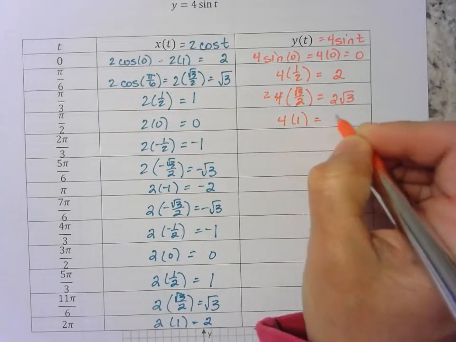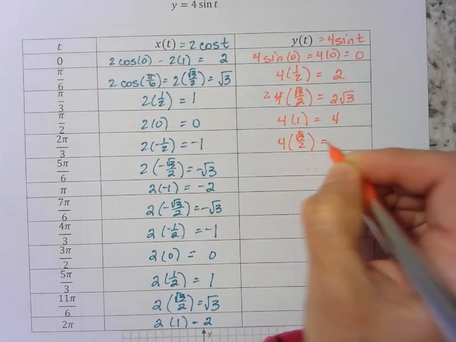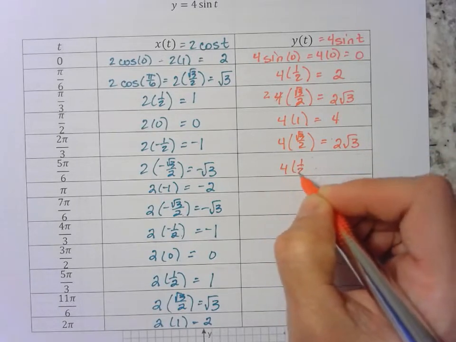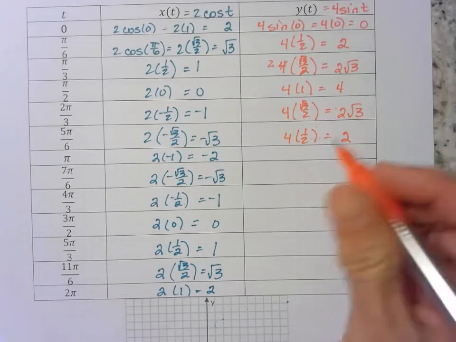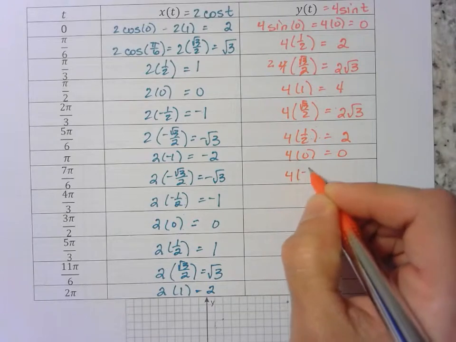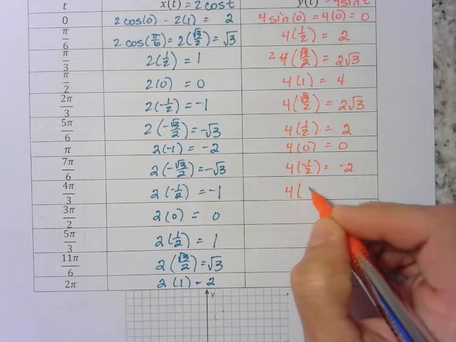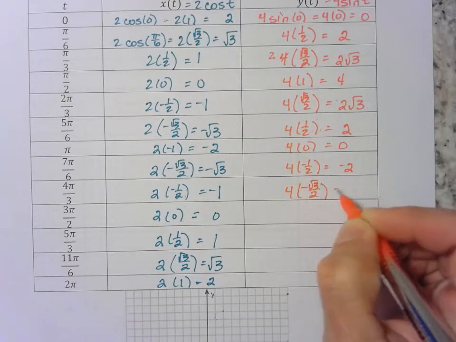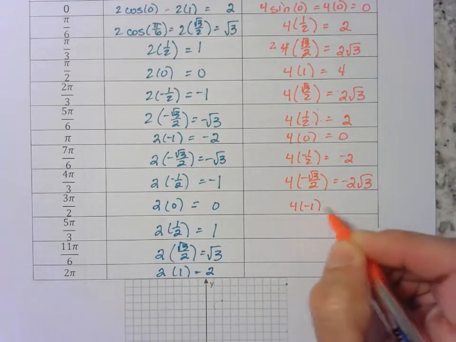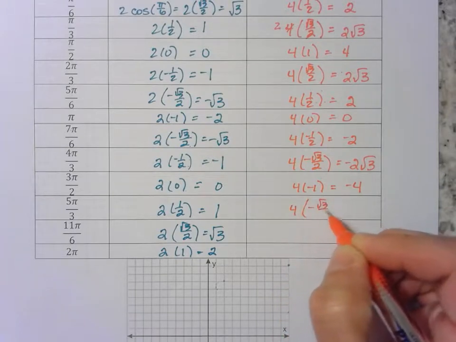So we have 4 times 1 is 4. 4 times the square root of 3 over 2, again, is 2 square roots of 3. 4 times 1/2 is 2. 4 times 0 is 0. 4 times negative 1/2 is negative 2. 4 times the negative square root of 3 over 2 is negative 2 square roots of 3. 4 times negative 1 is negative 4.